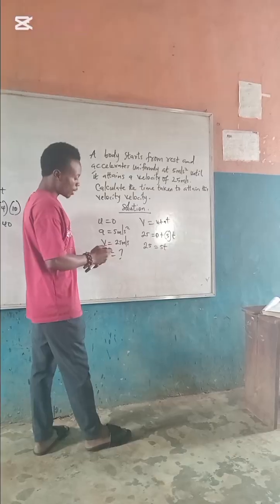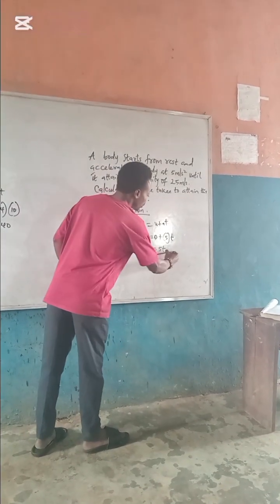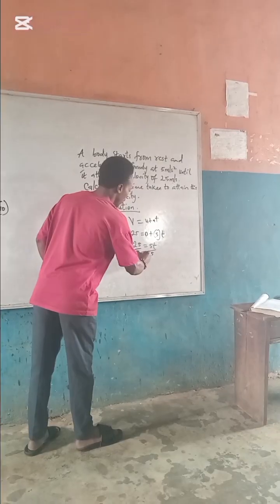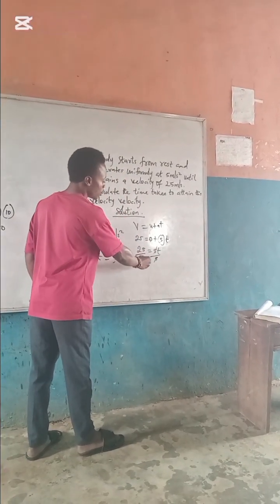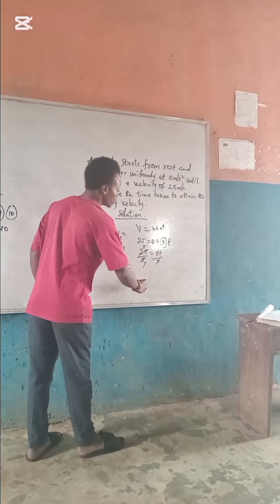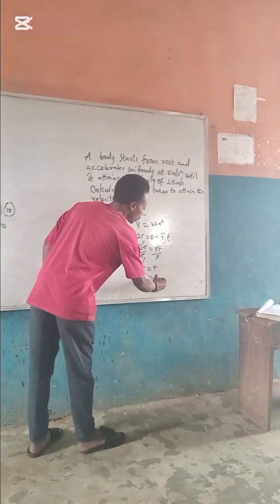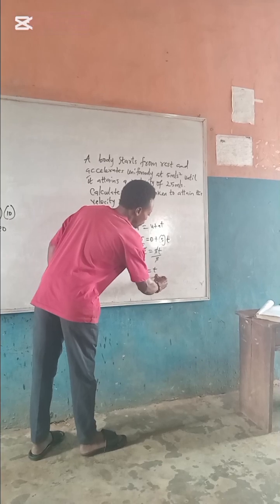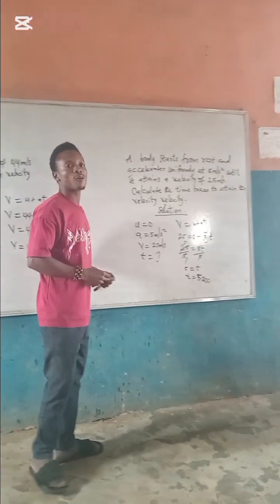From here, we divide both sides by the coefficient of T, which is 5 by 5. 5 cancels 5. 5 here, 5 times 5 is 25. So 5 is equal to T. T is equal to 5. That is 5 seconds. The time here is 5 seconds.